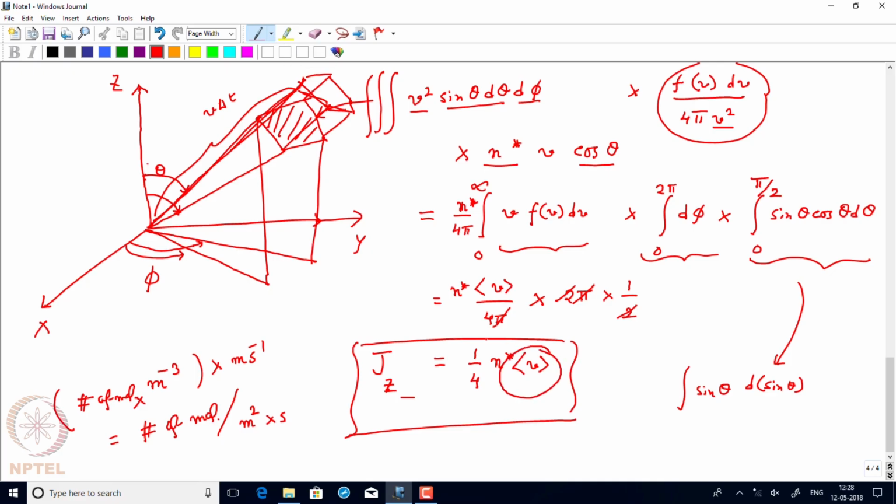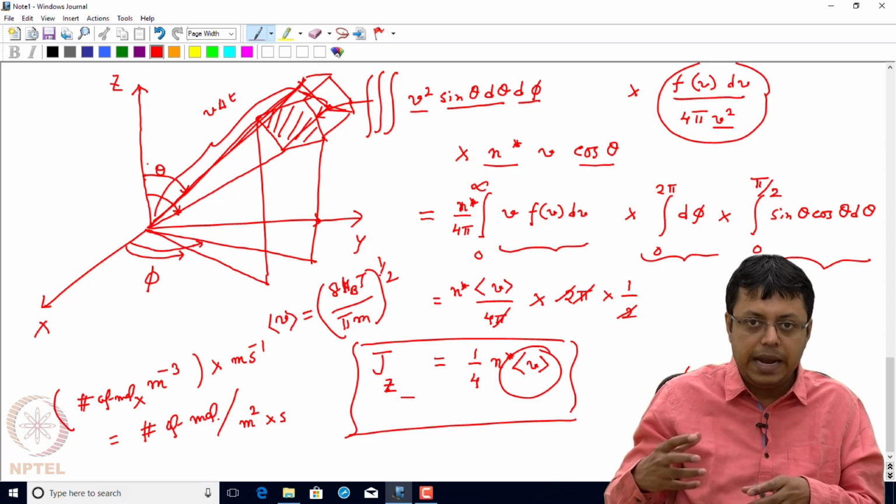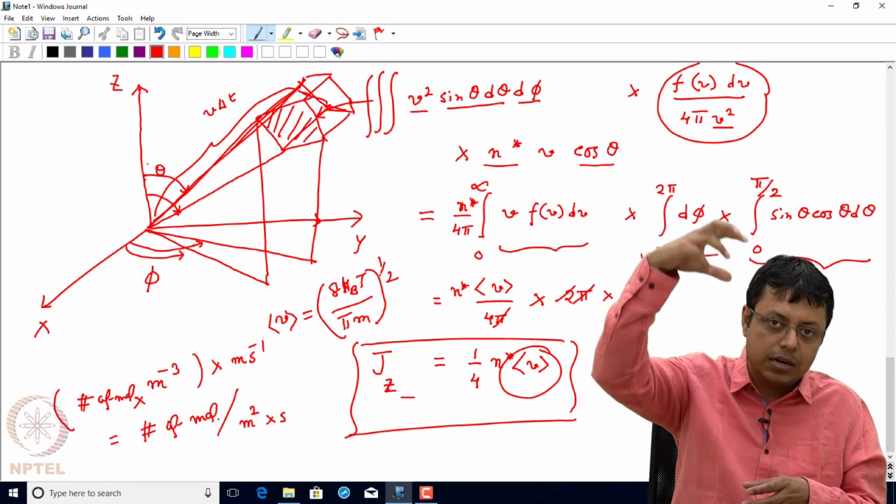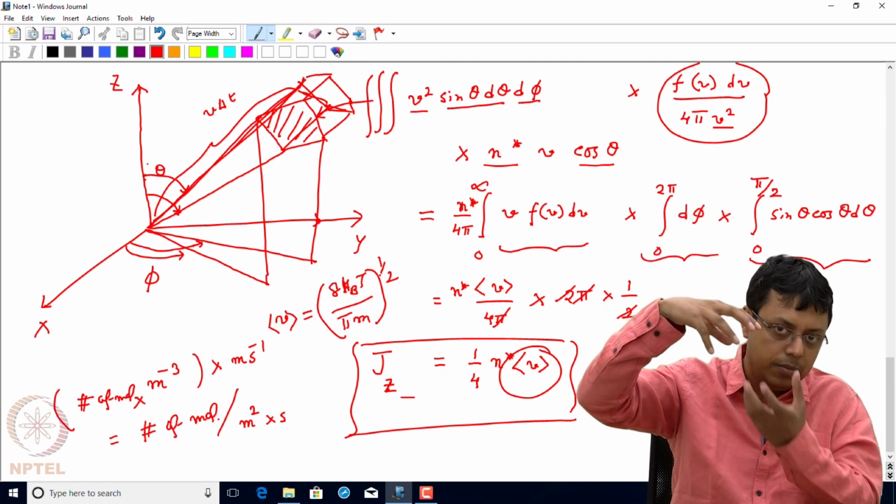Secondly, you know the expression for the average velocity, it is 8 kbt by pi m, using the Maxwell-Boltzmann distribution. We will make this expression more and more correct, because as you see, we did not calculate the net flux here. There is also upward flux, since molecules are coming from the top and from the bottom also.